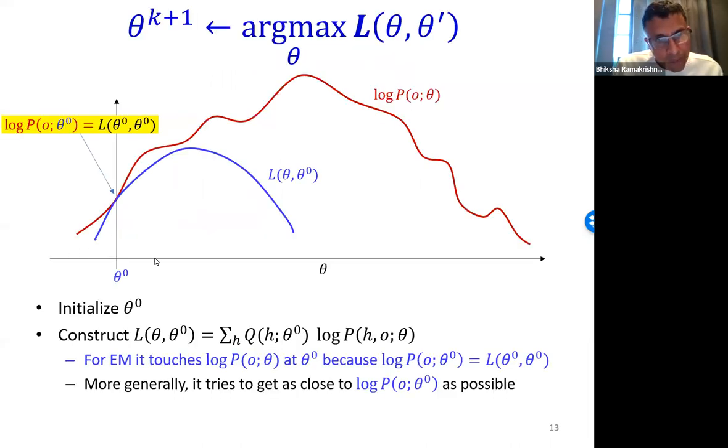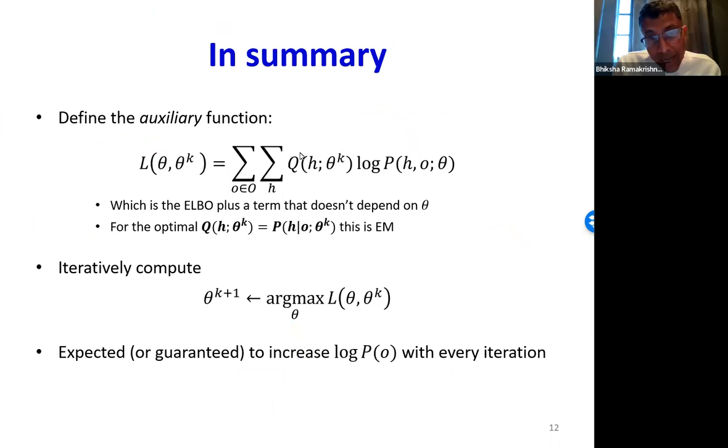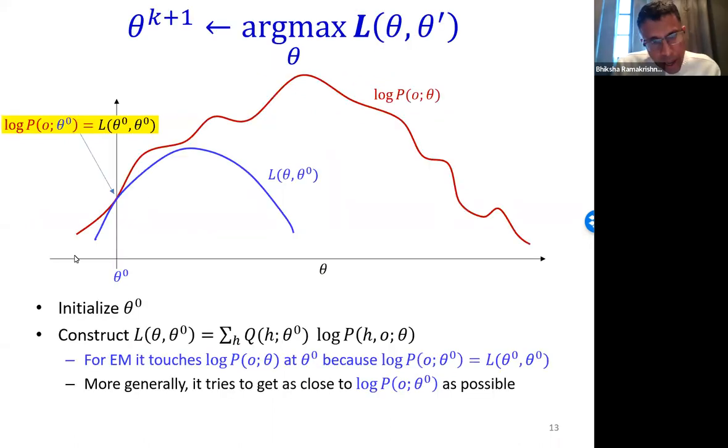And so the lower bound as a function of theta is going to be some other curve, shown by this blue curve. When I maximize it with respect to q, I'm pushing the lower bound curve as high as possible at the current estimate of theta, because I'm fixing theta. So if I keep modifying q, this blue curve will change.